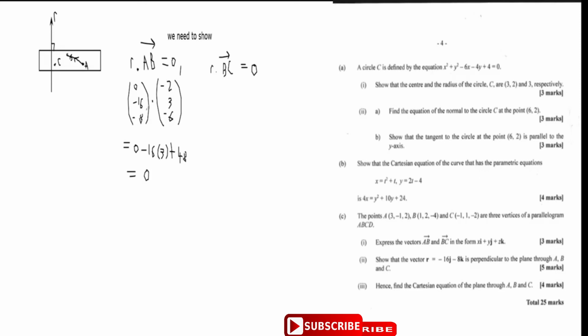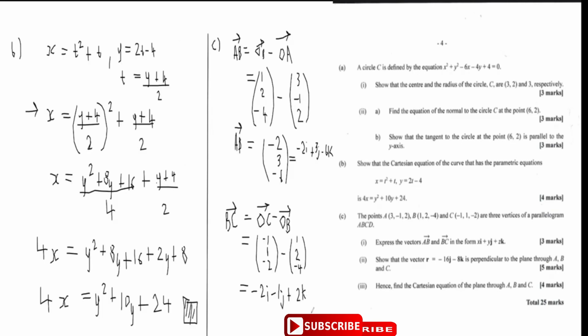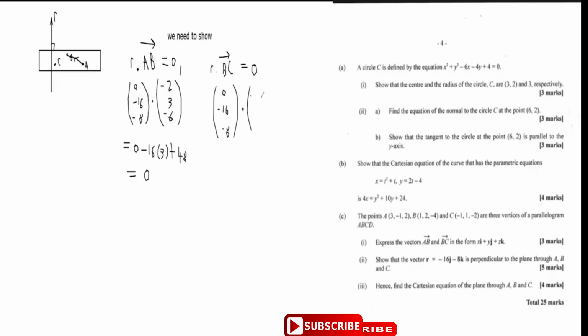Let's try this one now. R dot BC is 0, minus 16, minus 8, dot BC. And what is vector BC? Vector BC is minus 2, minus 1, 2. That's equal to 0 times minus 2 is 0.